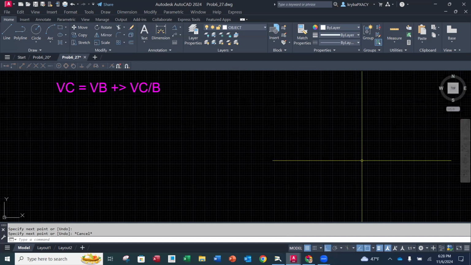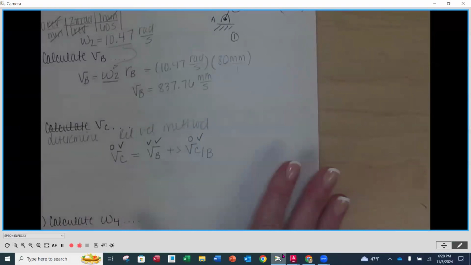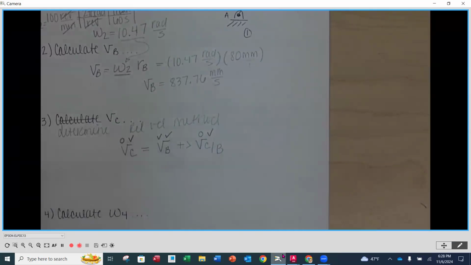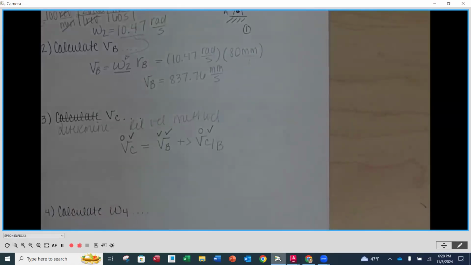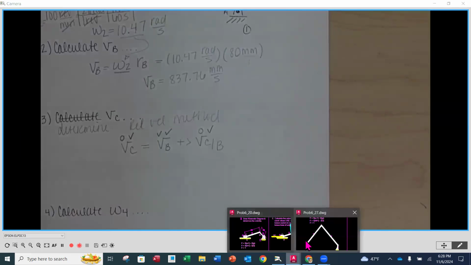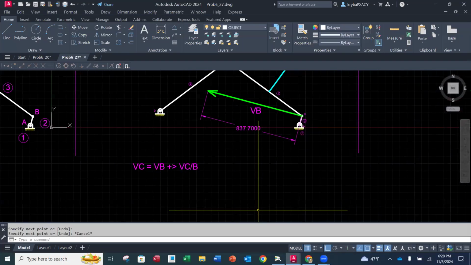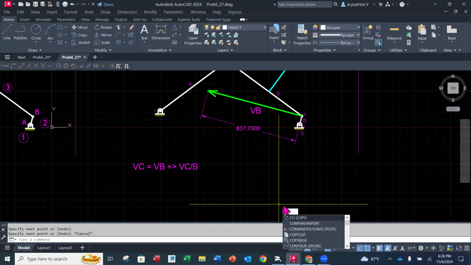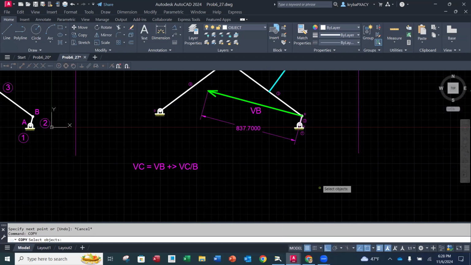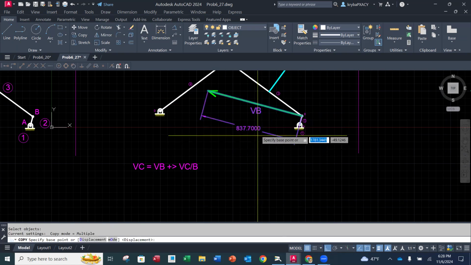Now, as we know, we look at our vector equation. We're going to start where we know the most. And where we know the most is the magnitude and direction of velocity B. And that's our first variable on the right-hand side of the equation. So I am going to copy my velocity of B. I guess I'll add the dimension as well.